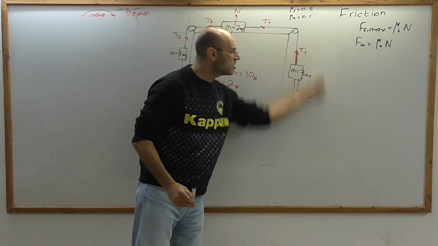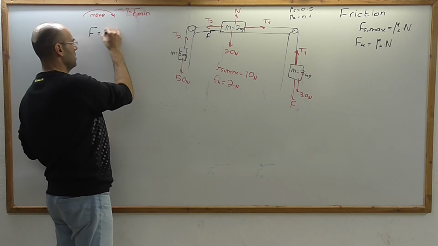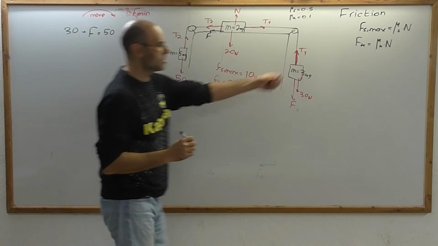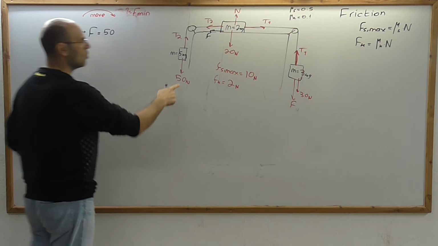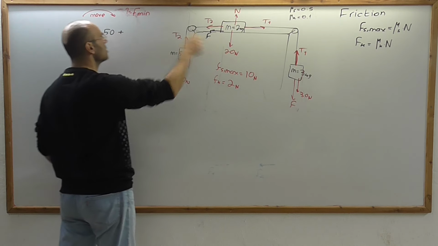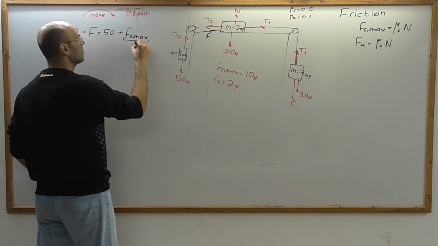It must be bigger than 20, but it doesn't end with this, because if it tends to move that way, automatically I have a friction force here, this way. So the 30 plus F must overcome the 50 and the maximum friction force there is, the F static max, which is 10.